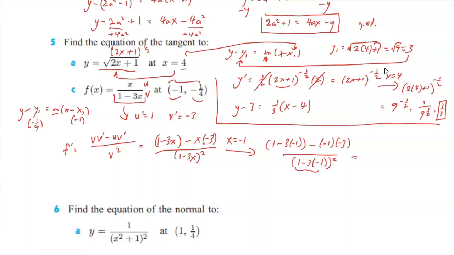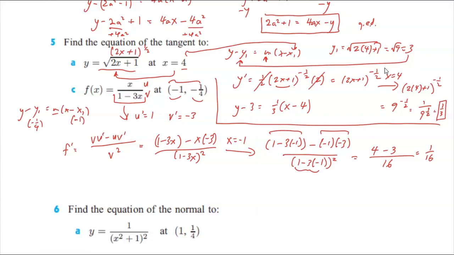So the bottom is going to be 4 squared, which is 16. This here is also 4. And negative 1 times negative 3 is positive 3. So it's 4 minus 3 divided by 16, which is 1 over 16. So our derivative is 1 over 16 at this point.